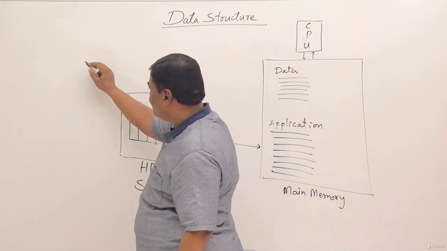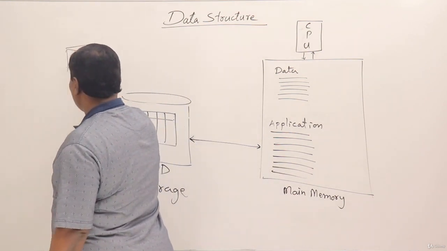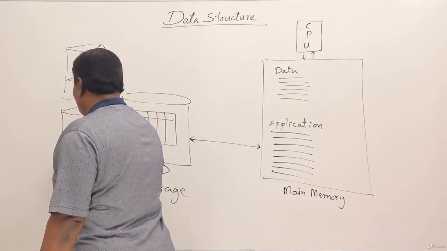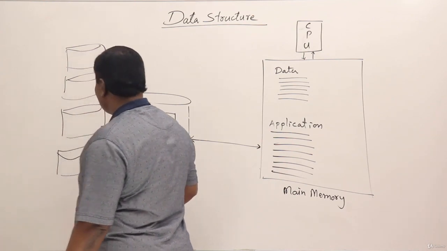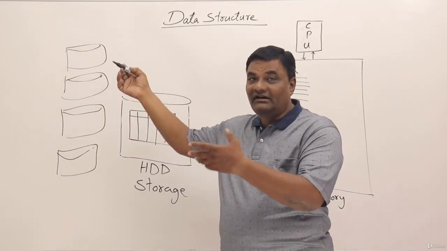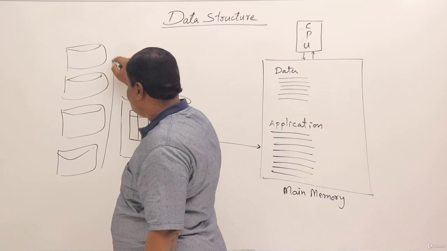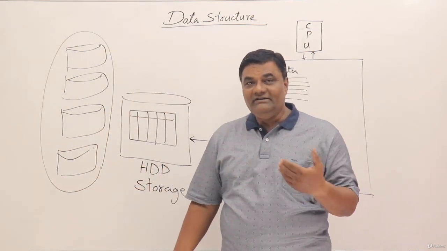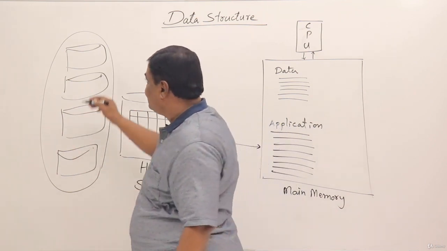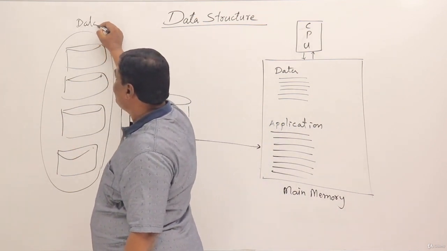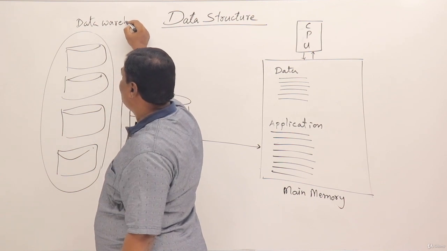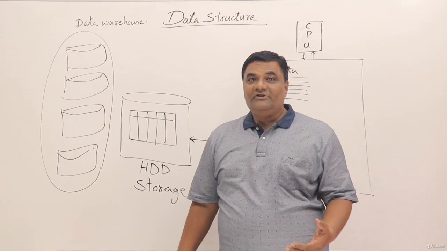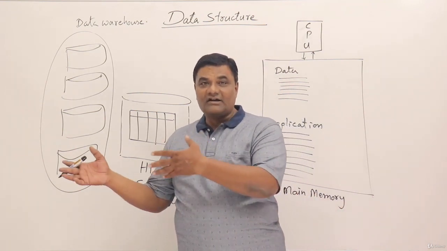So that historical data can be kept on array of disk, because just imagine 10 years of data or 50 years of data is kept on not just one disk, array of disk. So the large size data which is kept here, that is acting as a historical data for any commercial firm, this is data warehouse. So mostly commercial firms will have their data warehouses.